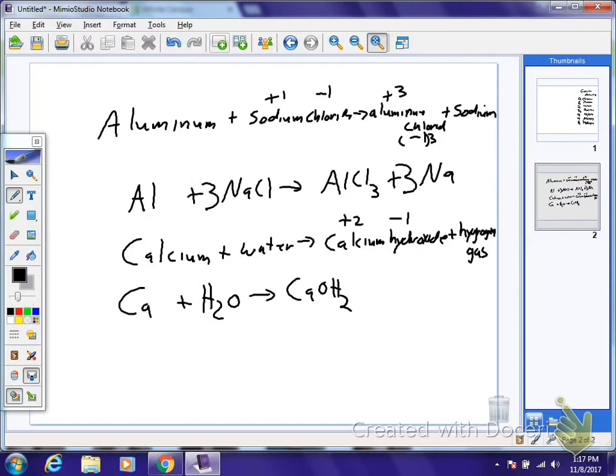To be right, since this is a polyatomic ion, you have to put the OH in parentheses. That's right. Does that make sense? That this hydroxide, you have to have 2 of them. And so you have to show 2 OHs.